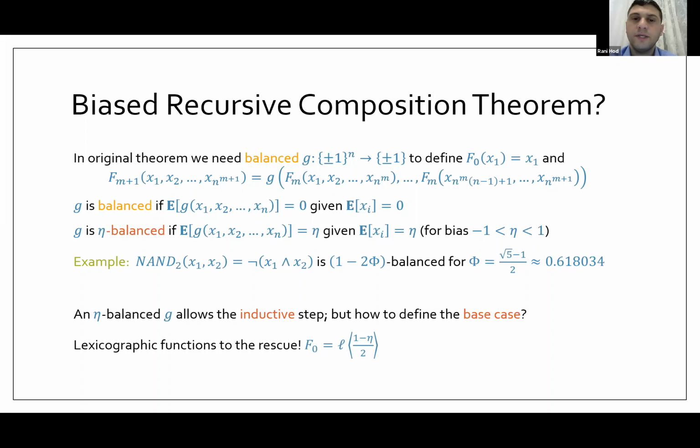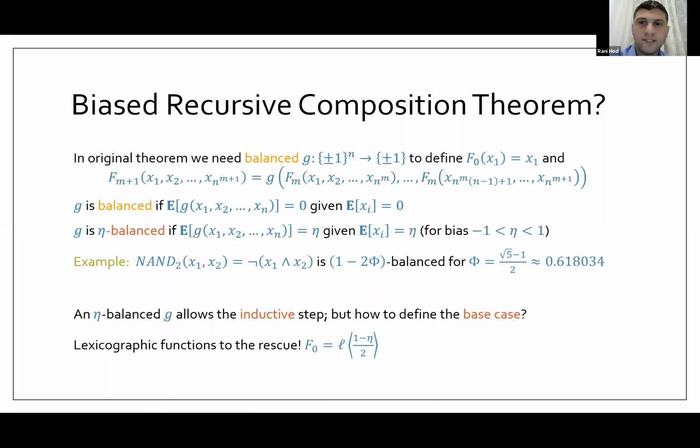We pick the right p to be (1 minus eta) over 2. This function would have bias eta to start with, and then we can just apply g in every step, get the inductive step, and take this to infinity. So we needed lexicographic functions to have the base of the induction here.